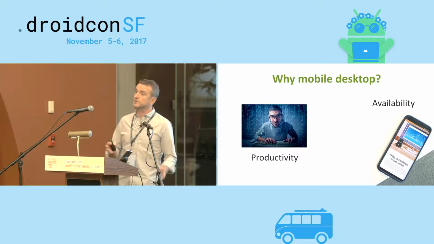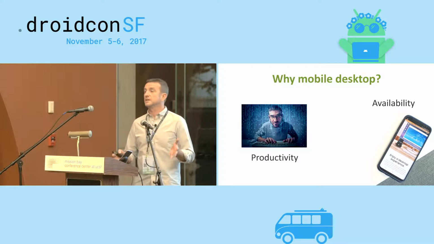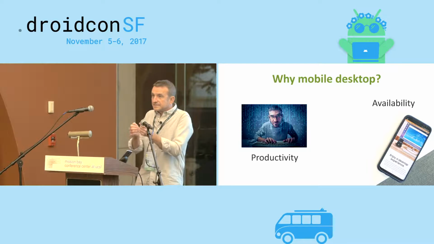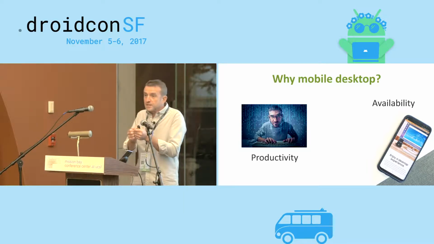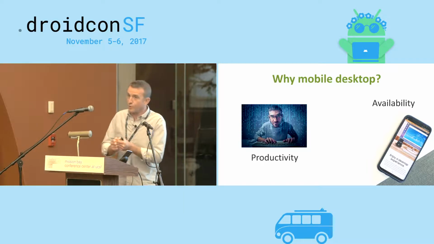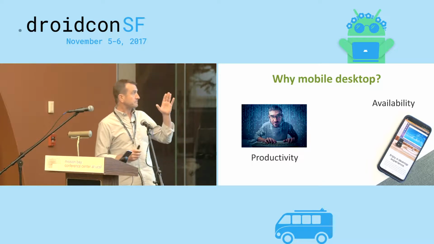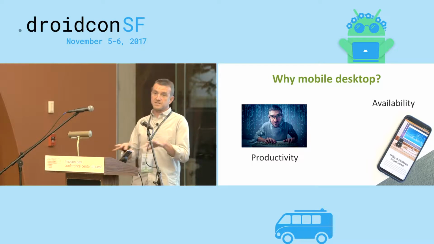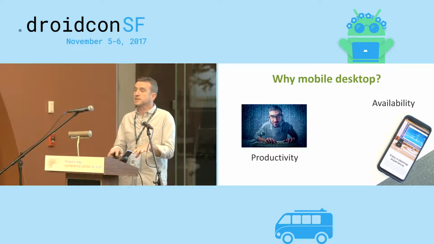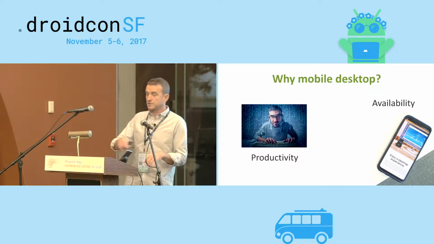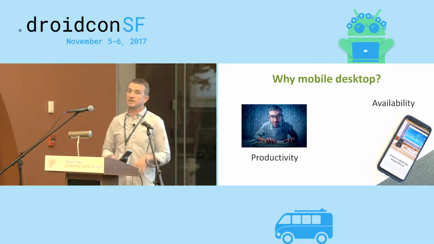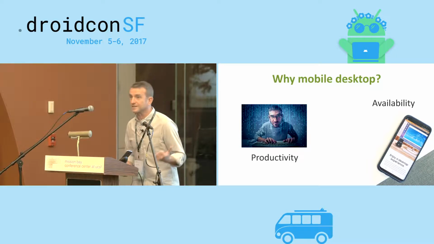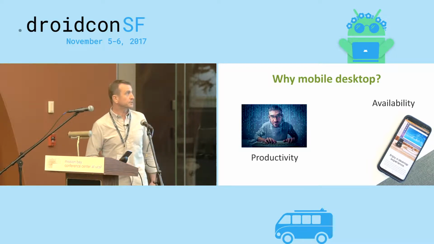Probably not, because most of the time we choose an environment that gives us a bit more productivity than a little tiny screen with a soft keyboard where you can't really go wild, right? So we choose to use desktops or notebooks with physical peripherals, with physical keyboards and mice and trackpads, because it's just a bit more productive, actually a whole lot more productive, especially if you use shortcuts in Android Studio.